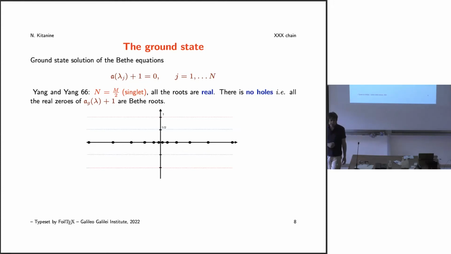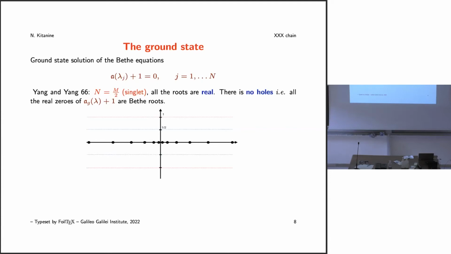The description of the ground state was obtained in one of the two existing Yang and Yang papers, not the third one, which was never published. But it can be shown that if there is no magnetic field, the ground state has only real solutions of the Bethe equations, but it fills the real line and there are no holes.